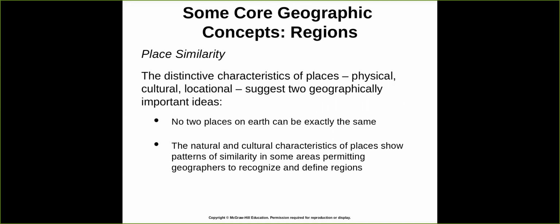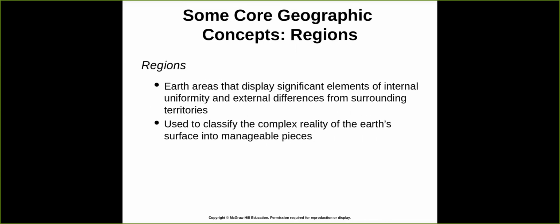And once we begin to identify what's similar and what's not, we begin to group things into regions, collections of areas and places that are more like each other than they are other places. So we display significant elements of internal uniformity, sameness, with external differences, meaning you're different from the area outside. That begins to define your region.